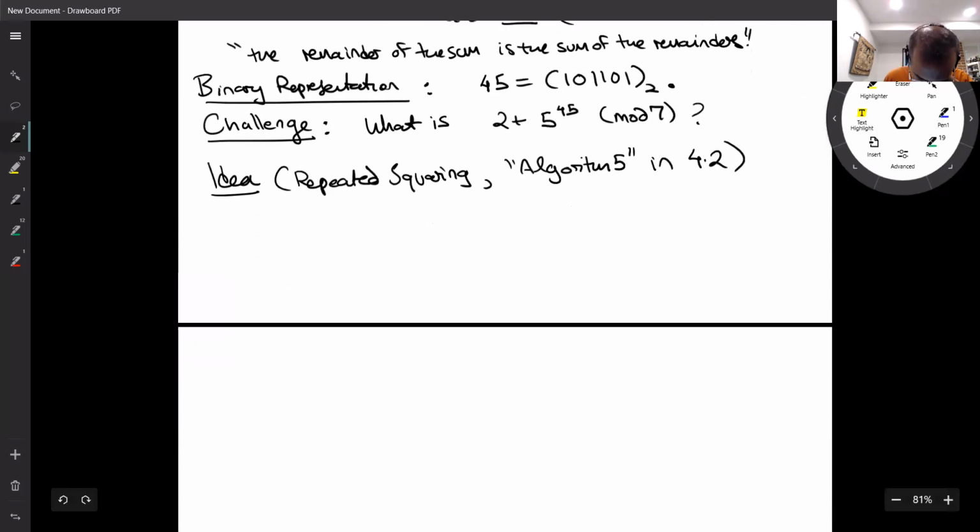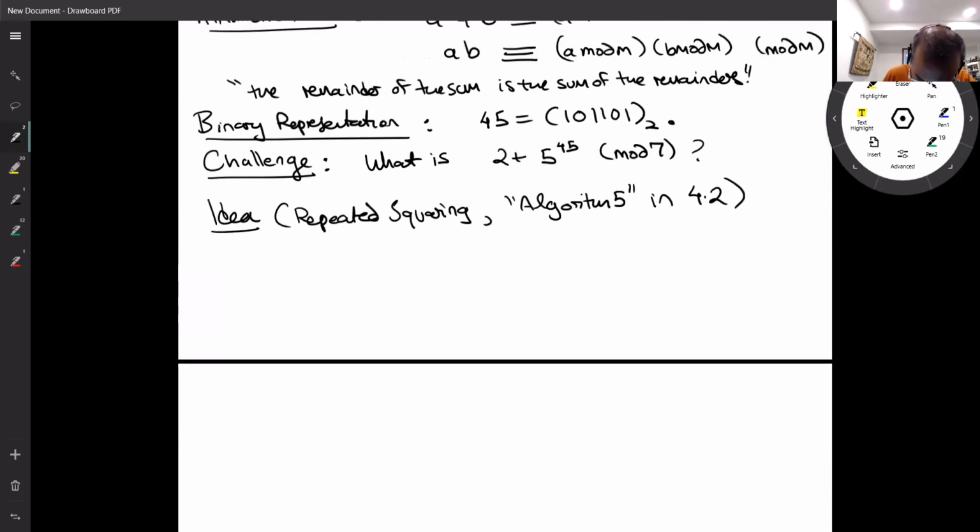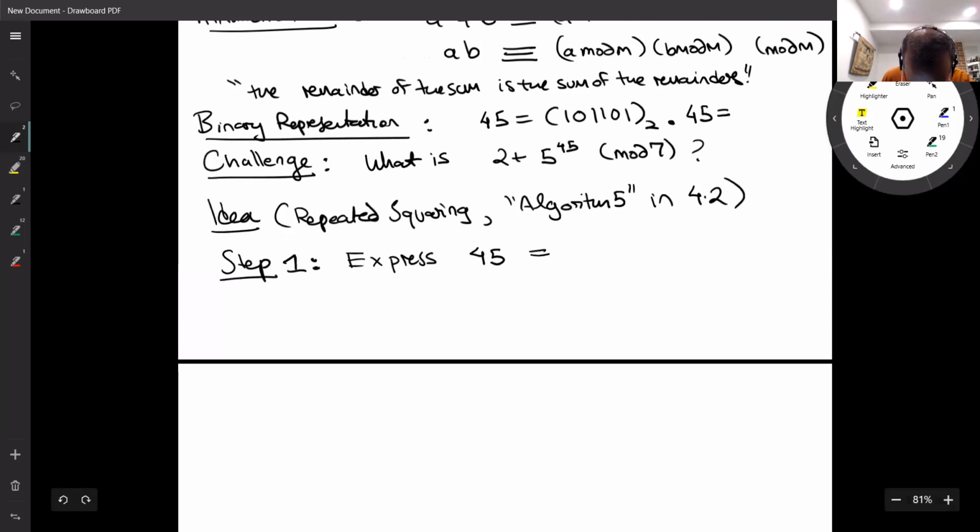So what's the idea? Step 1 is to express the exponent as a sum of powers of 2. I'm just going to show you the algorithm on this example. So express 45, the exponent, as a sum of powers of 2.